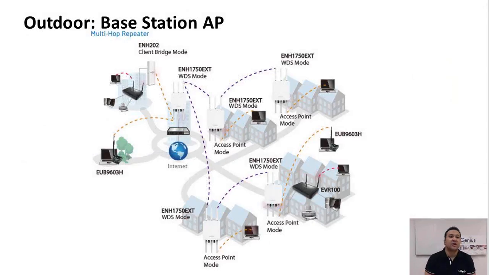Okay, another applied wireless solution that I want to talk about is the base station access point. In this picture, I have pointed out a few ENH 1750s, which we actually call, as the general name for our 1750 and 900, base station AP, because it's the most common way for these devices to be used in this deployment.